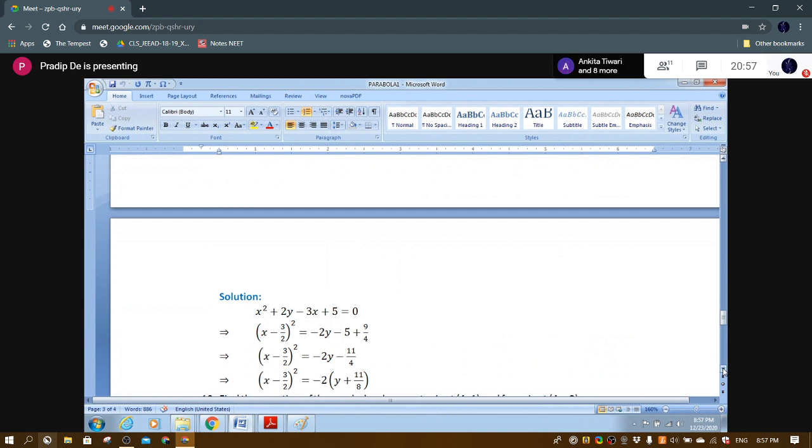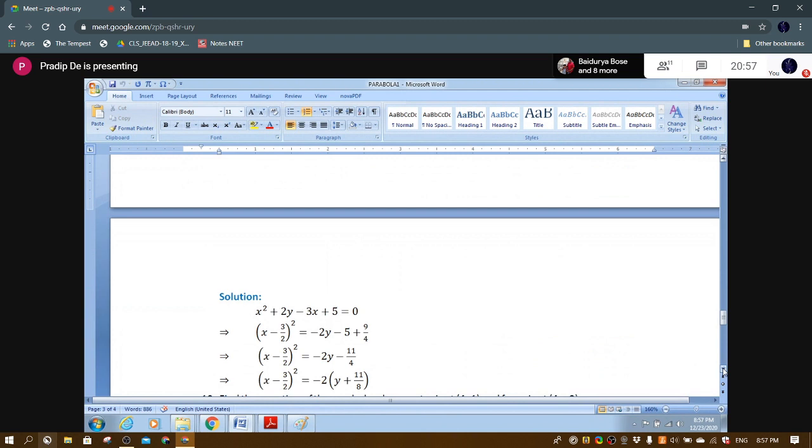If you compare with the standard forms, by replacing x minus 3 by 2 with capital X and y plus 11 upon 8 with capital Y, which type is this? Capital X squared equal to minus 2 capital Y. It's like x squared equal to minus 4ay.